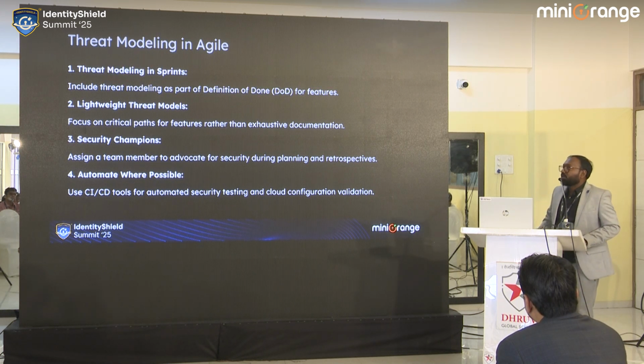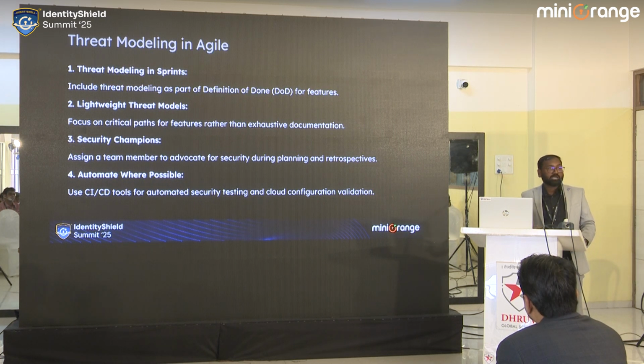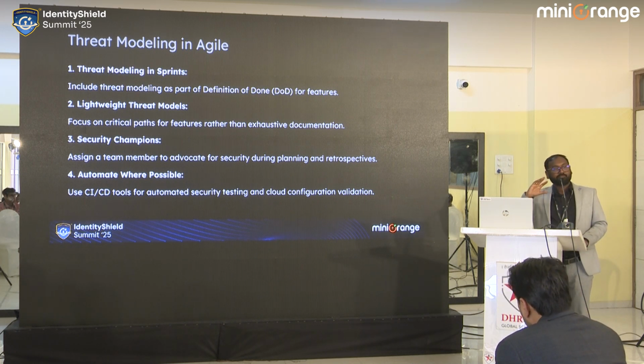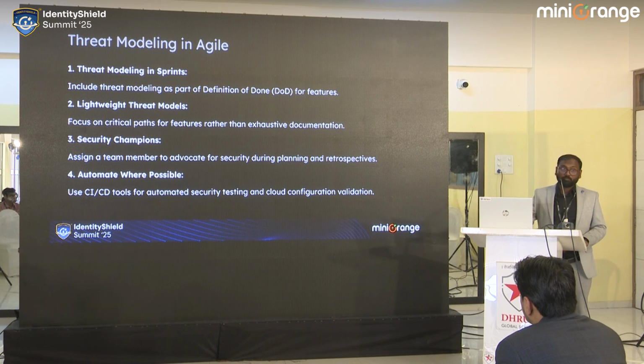Lightweight threat models. Just like I explained, I have my product already live. I cannot just sit here today and think about preparing the whole model for my whole product and everything fixed, right? It will take, I don't know how long, years, and it will keep evolving in between. So I'll have more problems.